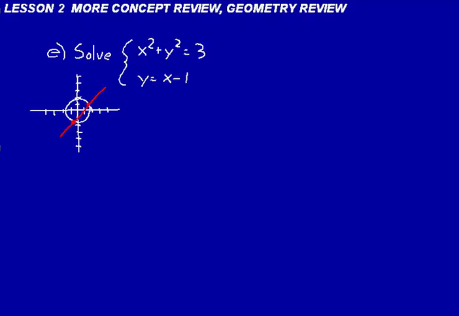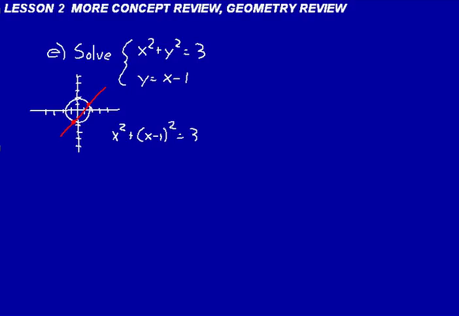So let's just use some of our common rules or applications when we're solving systems of equations. One of those is substitution. We can substitute one value into another to simplify it. Why don't we just substitute x minus 1 into the circle equation, and that would give us x squared plus x minus 1 squared equals 3.